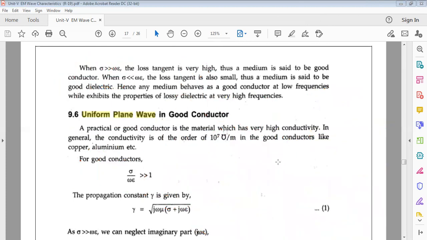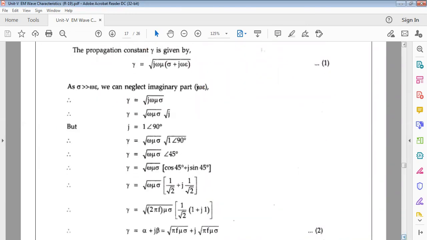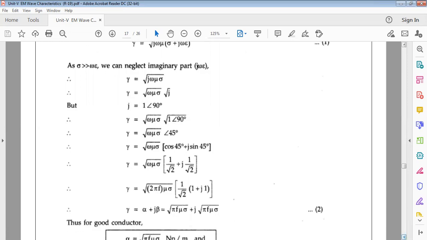So let us see the equations we got here. 1 with an angle of 90 degrees is j. So alpha and beta are both the same: under root of omega mu sigma times 1 by root 2 plus j into 1 by root 2. Here they are showing it in terms of pi f into sigma.